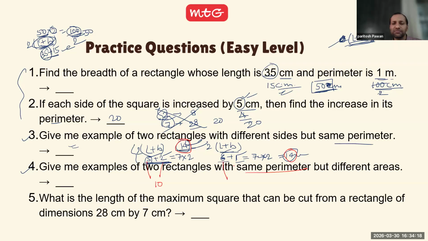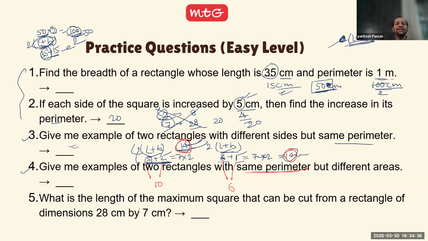Here length is 6, breadth is 1, 6 into 1, so that is 6. So here perimeter is the same, but area is different. Clear? Anyone any doubt in question 4? No, sir. Okay, good.